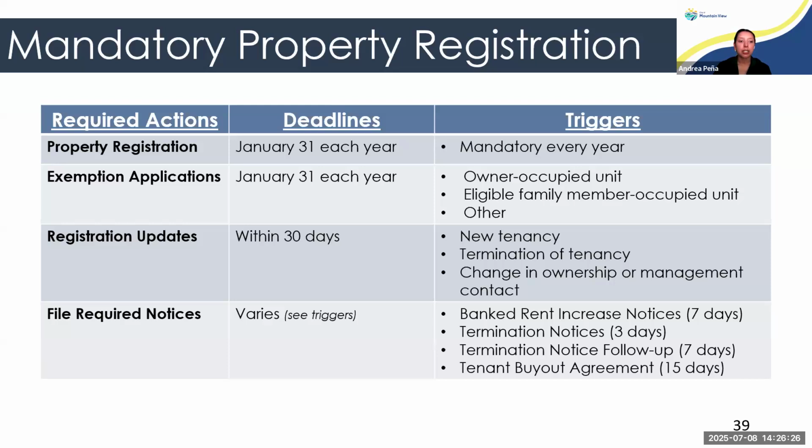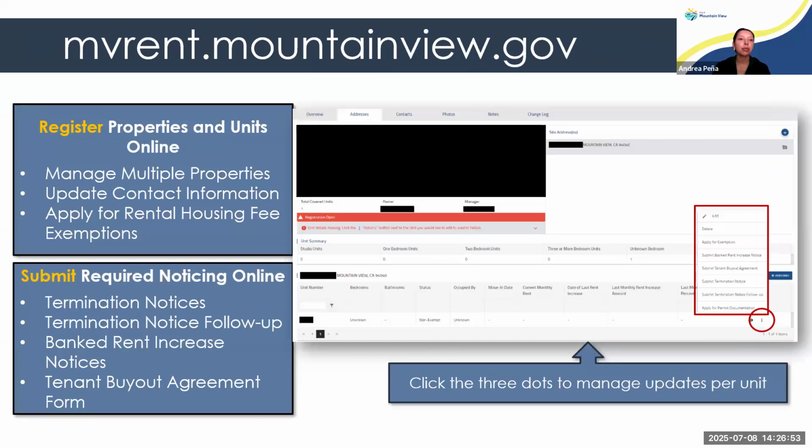And then there are some required notices that you need to submit copies of as well. Like we mentioned, the banked rent increase notice should be submitted a copy within 7 days, termination notices within 3 days, termination notice follow-up, such as an unlawful detainer paperwork, should be submitted within 7 days, and tenant buyout agreement within 15.